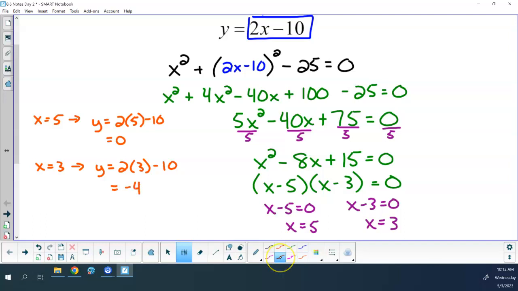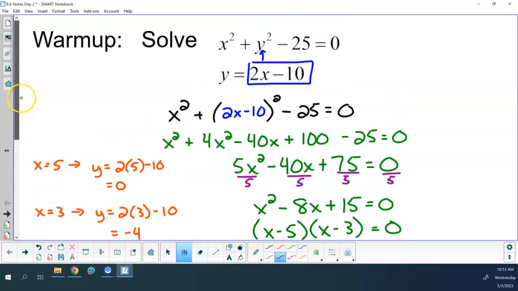So I get the points. My two possible answers would be (5, 0) and (3, negative 4). If I check them, 5, 0 works out in that equation. 3, negative 4 works out in that equation.